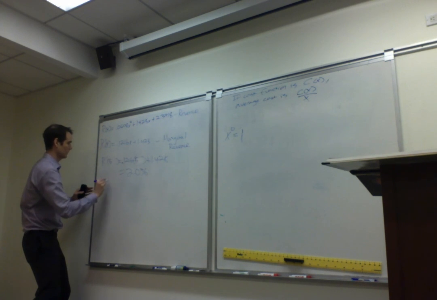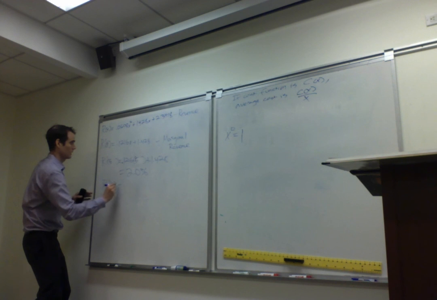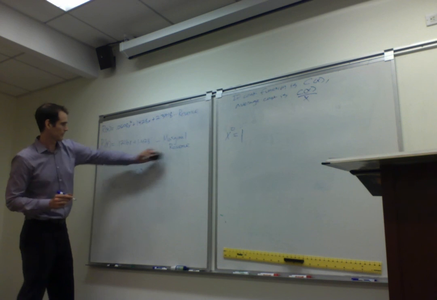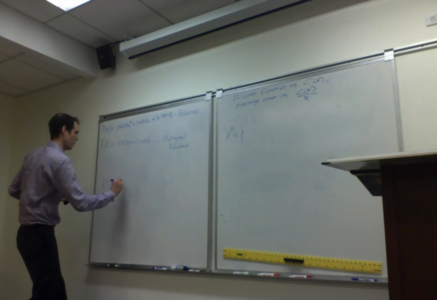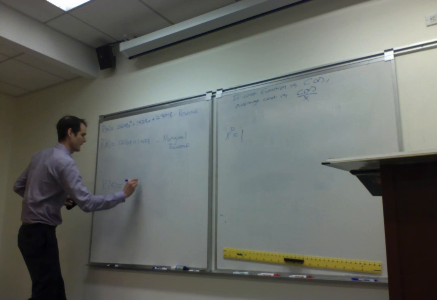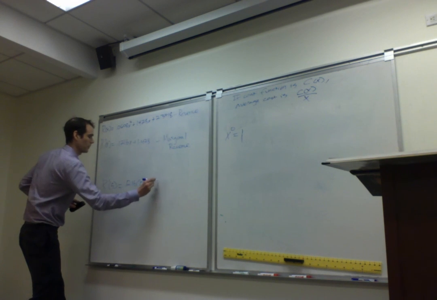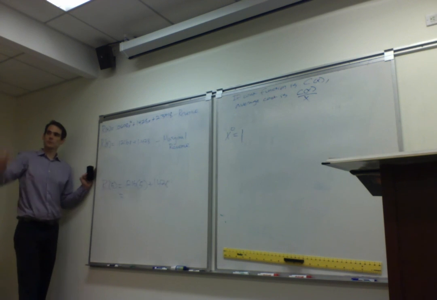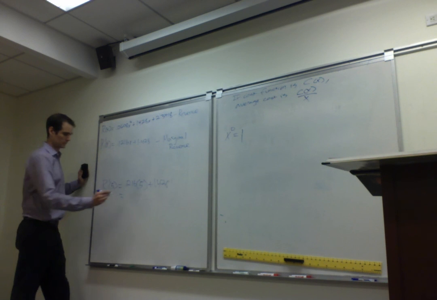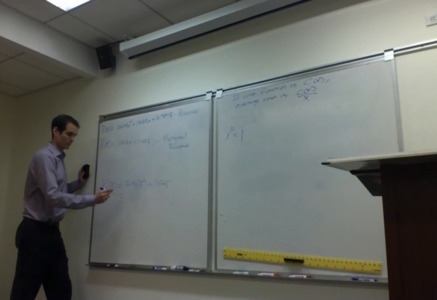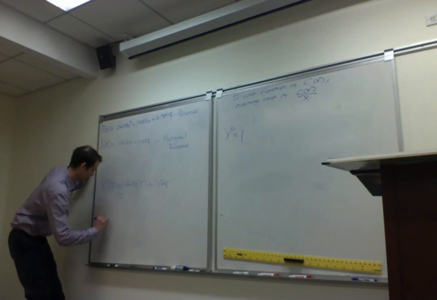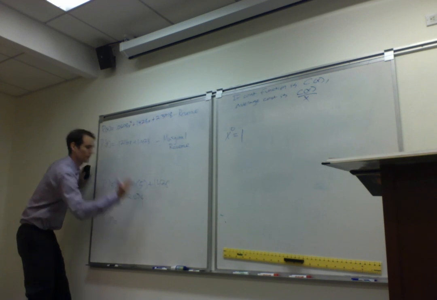So R of 5 equals 0.1216 times 5 plus 1.428 equals what, Nikita? $2.036.